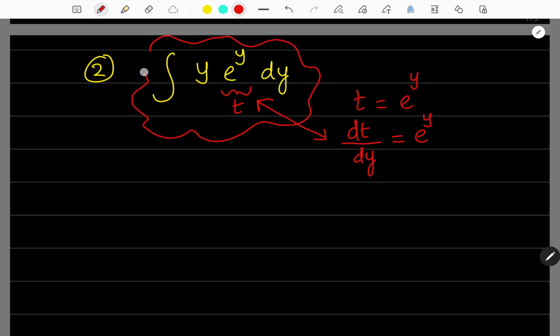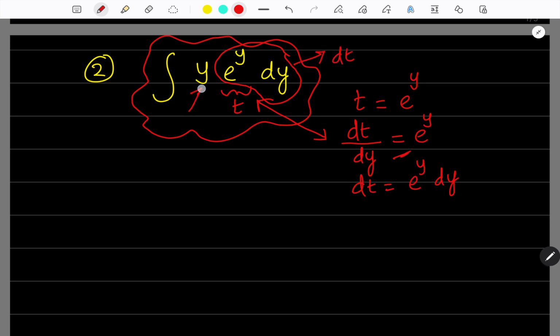That is the main logic of the substitution method. Okay, right. So how am I going to convert in terms of t? So e power y dy, you can see from here, I'm going to write this as dt equals e power y dy. So I got the whole thing. You can call e power y dy your dt.